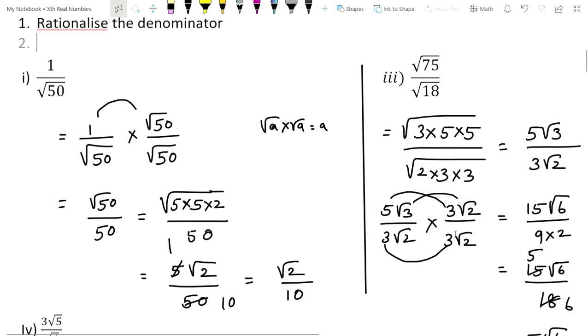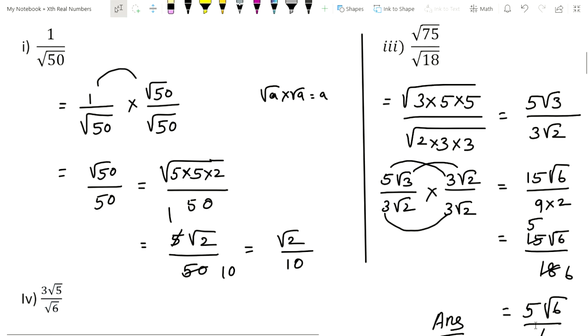So multiply and divide by 3 root 2 by 3 root 2. Now you multiply the numerator: 5 threes are 15, root 3 into root 2 you get root 6, divided by 3 threes are 9, root 2 into root 2, what will you get, children? 2. So 9 twos are 18. Now you divide this: 5 threes are 15, 6 threes are 18. So what is the answer, children? 5 root 6 by 6.